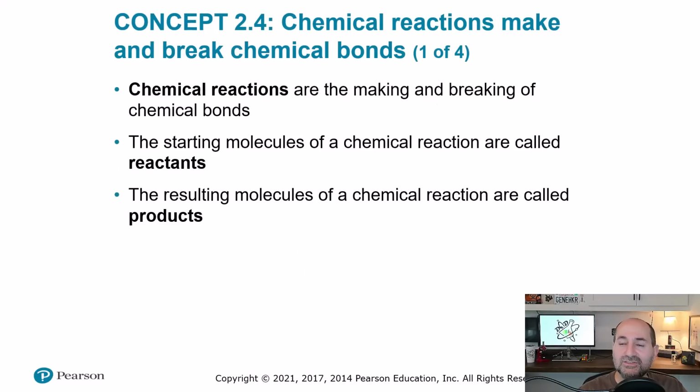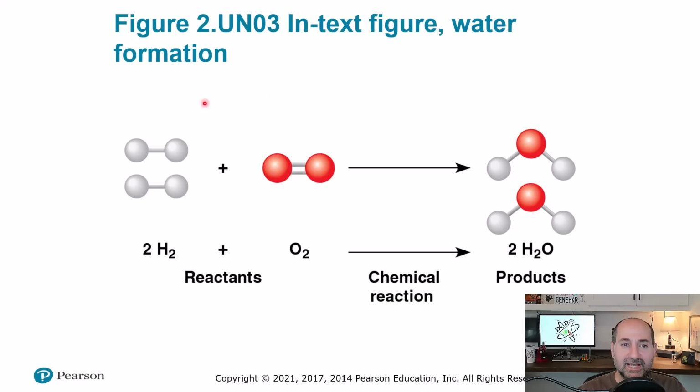Now, the last concept of this chapter is chemical reactions, which include the making and breaking of chemical bonds. The starting molecules of a chemical reaction are called the reactants, and the resulting molecules of a chemical reaction are called the products. Reactants appear on the left of the arrow. So here, hydrogen gas and oxygen gas are the reactants.